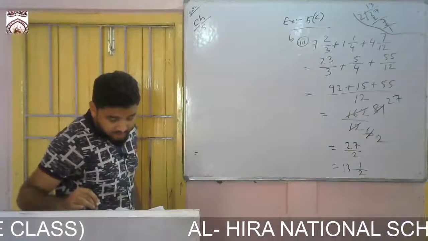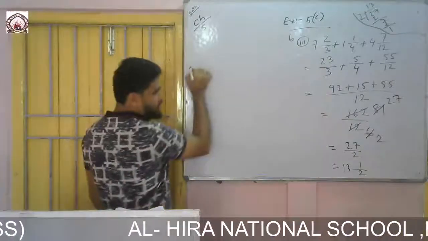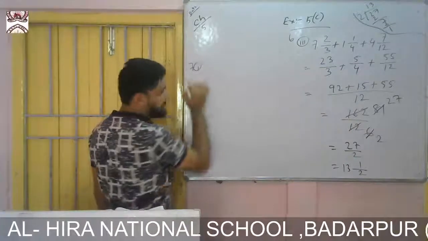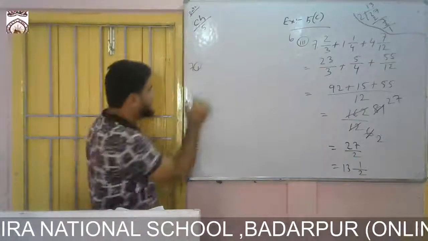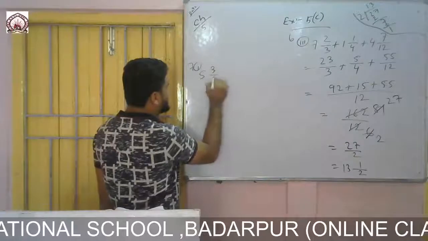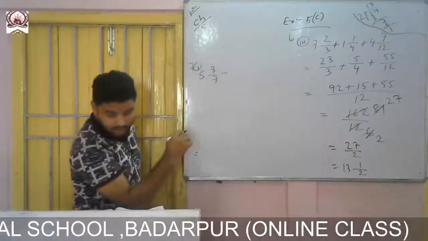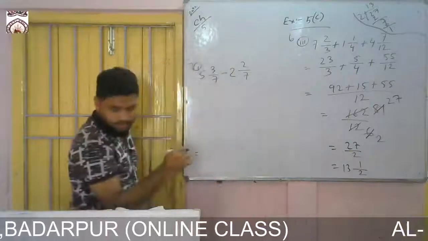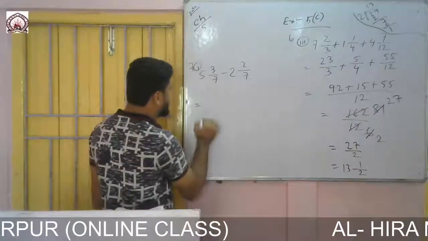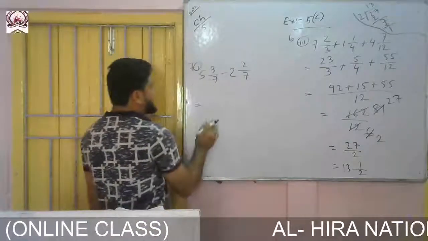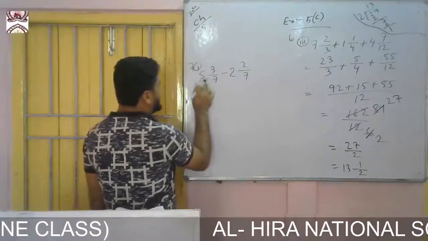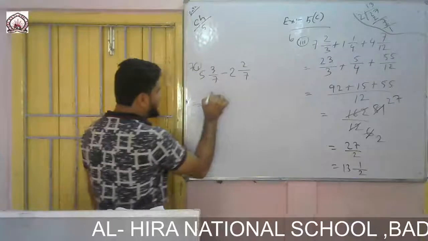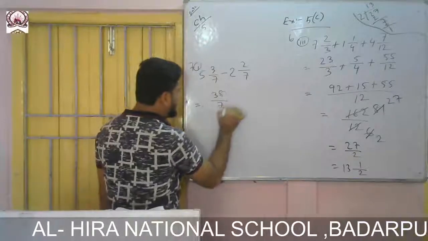5 3 by 7 minus 2 2 by 7. Question number 7, part 1. So you solve it. First break this: 5 7s are 35, 36, 37, 38, so 38 by 7.